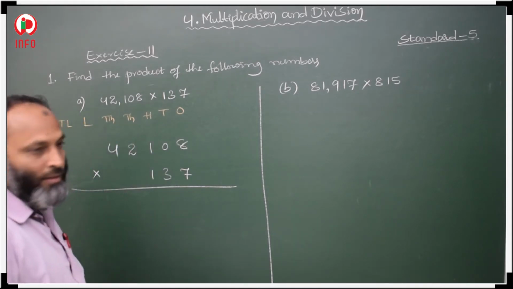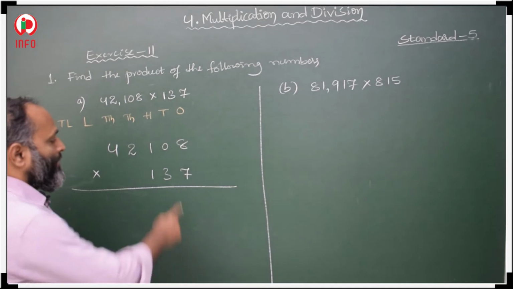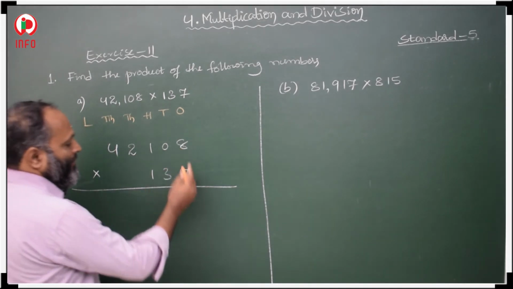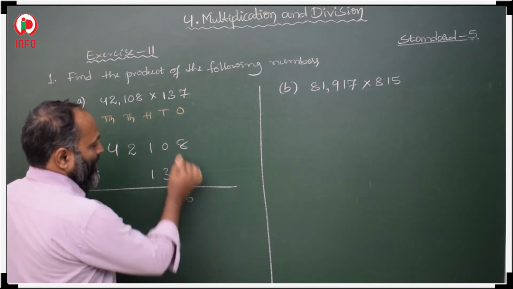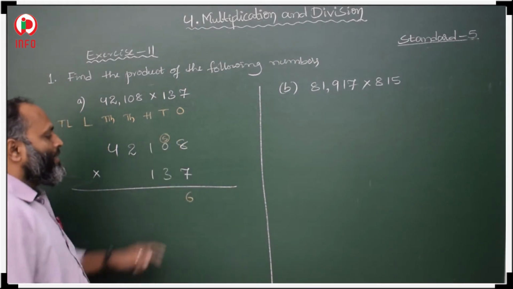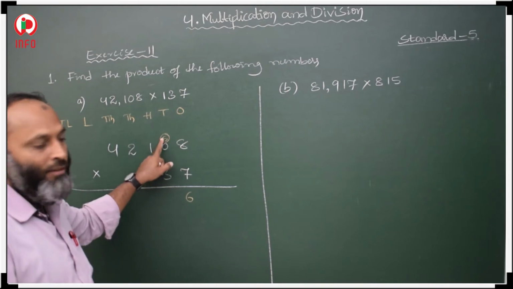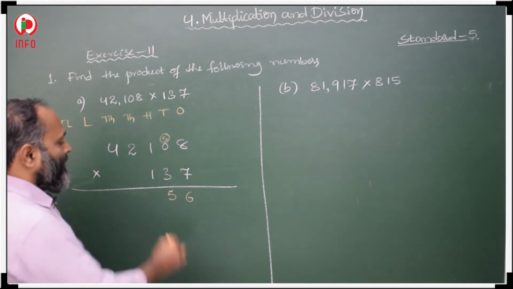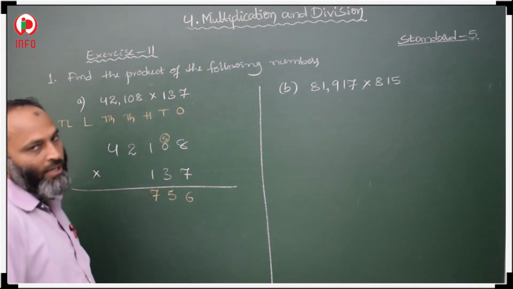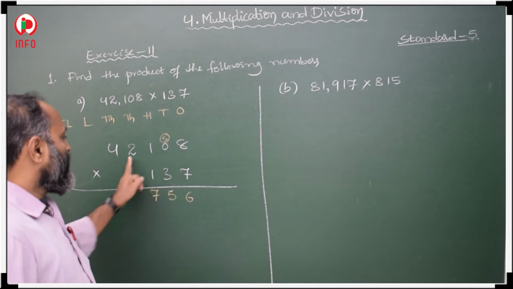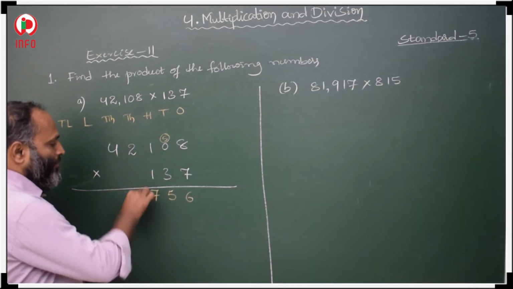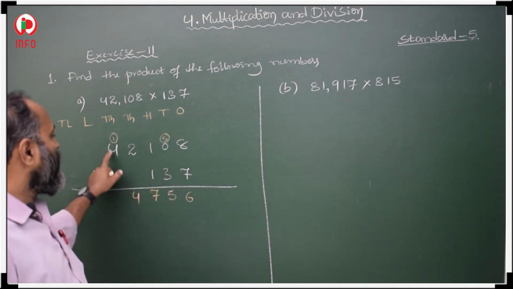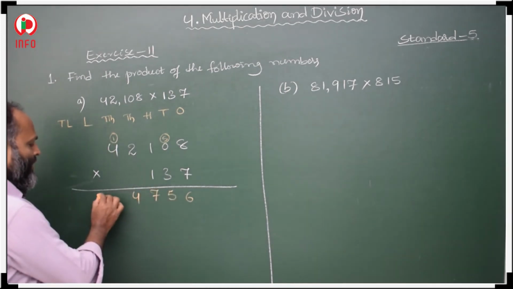Now we start from 7. 7 8s are 56, 6 here and 5 here. 7 zeros are 0, 0 plus 5. 7 ones are 7, a single digit, then 7 twos are 14, 4 in thousands, 1 in 10,000s. 7 fours are 28 plus 1, 29.